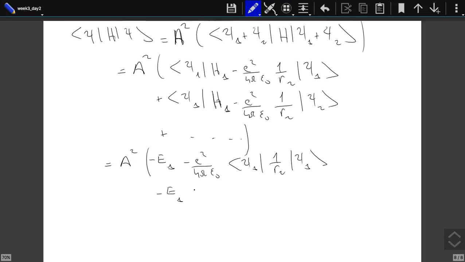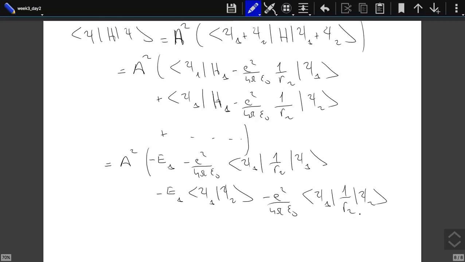Minus E1 times psi 1 psi 2. This is called the overlap integral. Minus e squared over 4 pi epsilon 0, psi 1, 1 over R2, psi 2.